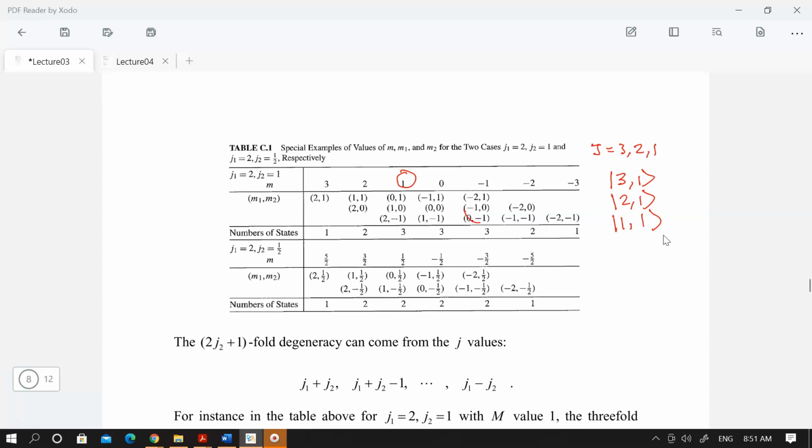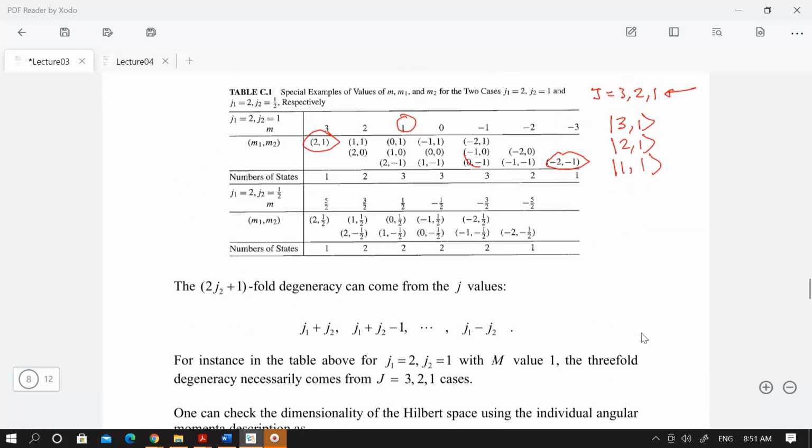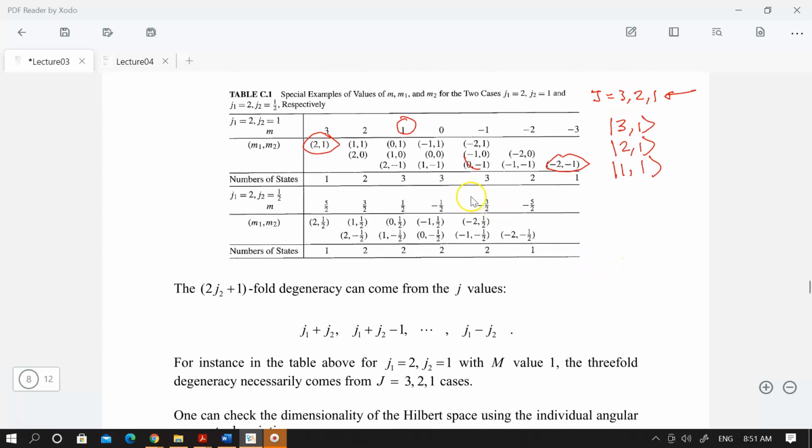So you can always see that the topmost state is unique, but anything in between will have some degeneracies coming from the different J states here. If you try to enumerate the number of different states, you'll find that you get that 2J2 plus 1 degeneracy.